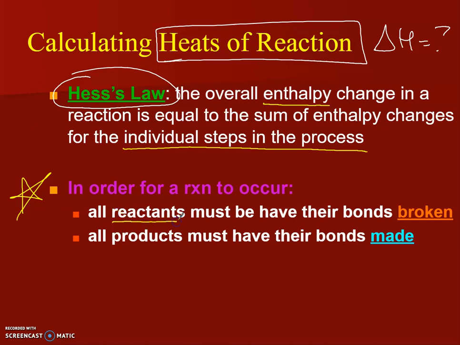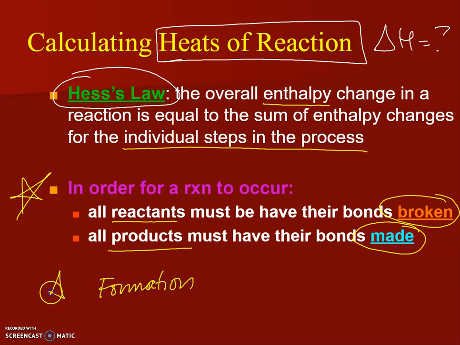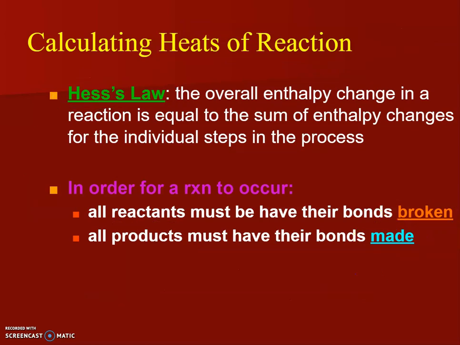The reactants have to break their bonds and the products have to make their bonds. So if you know your formation values, your delta H's of formation, you can break some of the stuff that's formed and make some of the stuff that is formed in order to figure out what your delta H of the reaction is going to be.